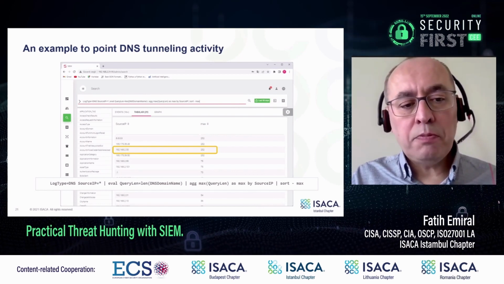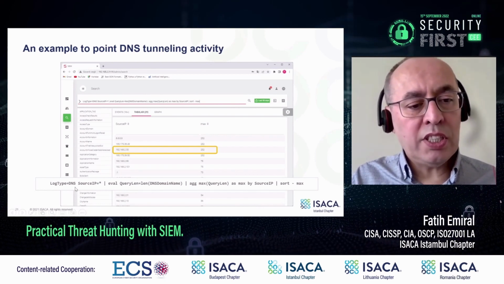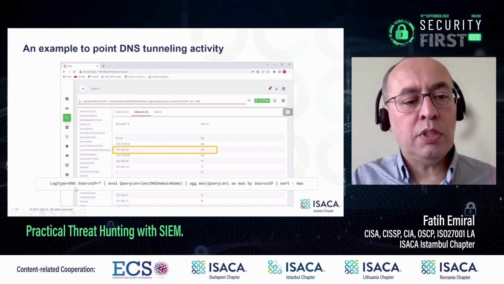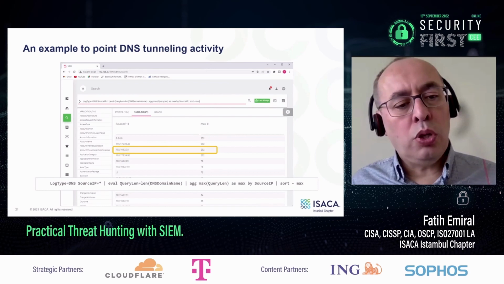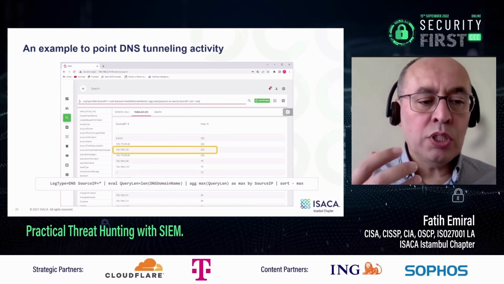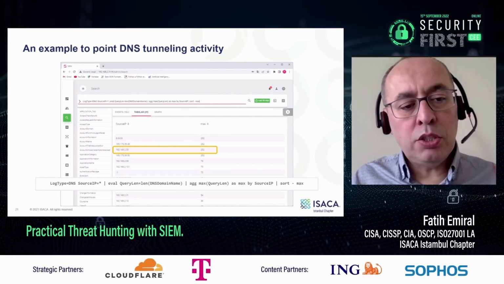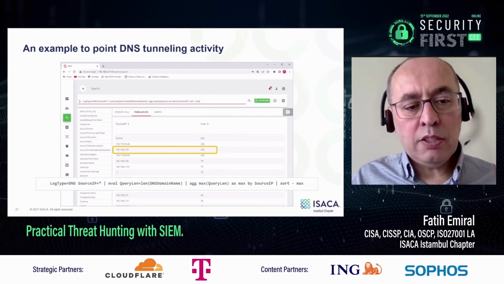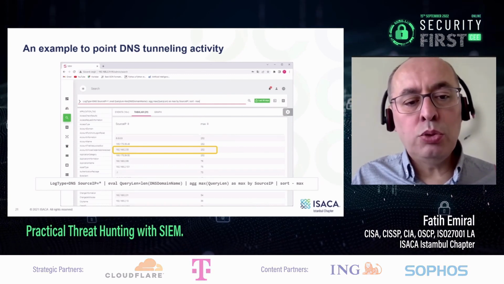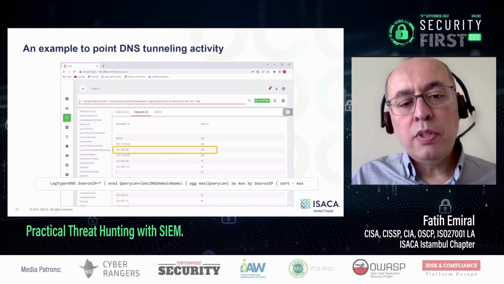So in this query, we are looking for DNS queries again. I don't want to deal with which servers are DNS servers and so on, so I'm using the enrichment capability of the SIEM tool again, and I want source IPs to be available in the documents that I want to search.